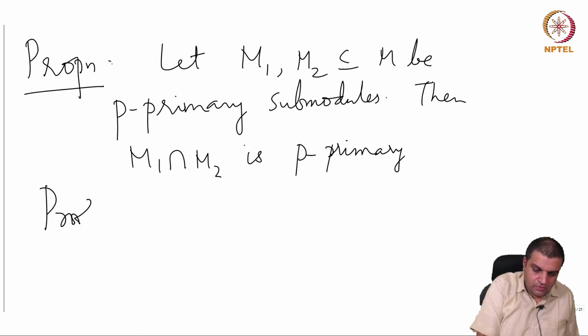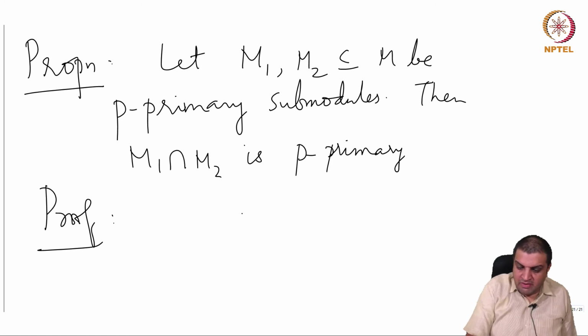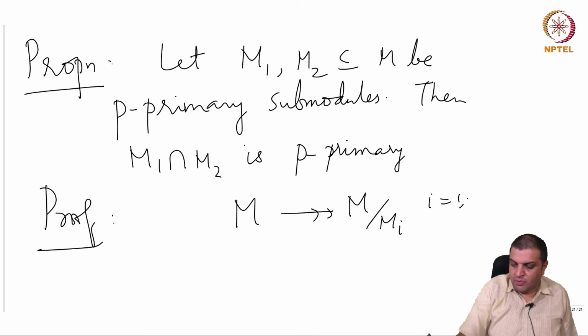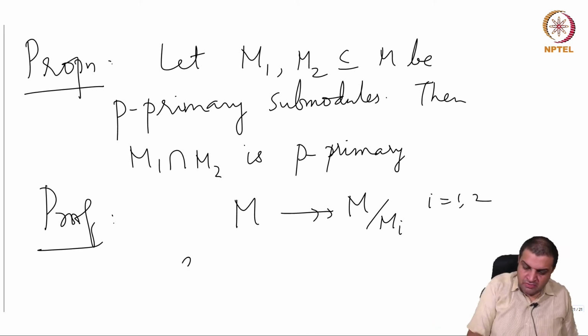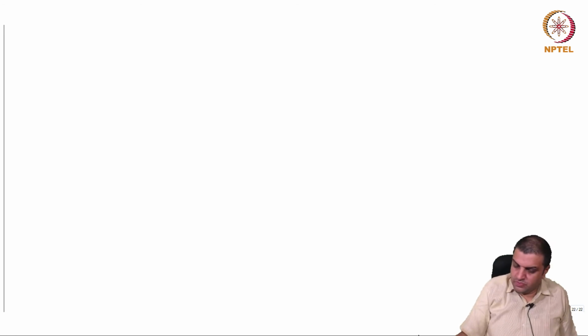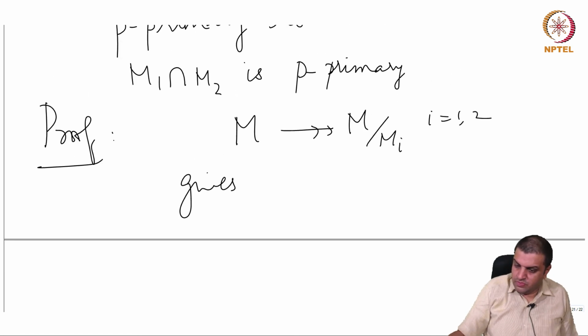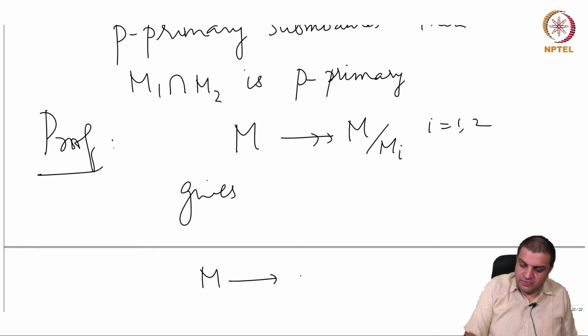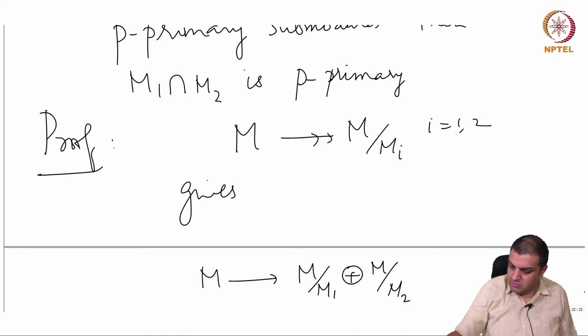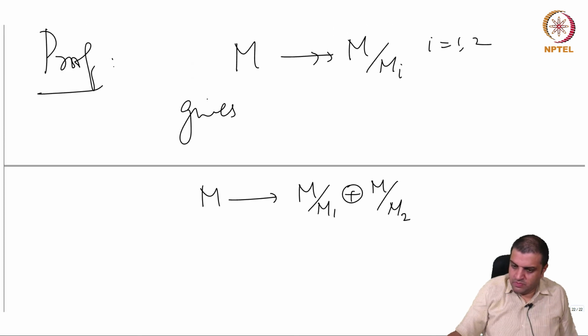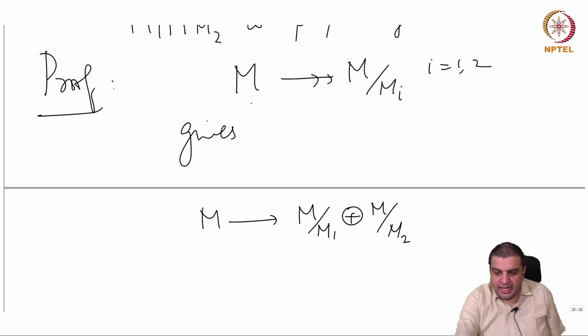So we have maps from M to M mod Mi, for i from 1 and 2. This gives a map from M to the direct sum. In this case, it's easy to visualize: x goes to x mod M1, comma x mod M2.